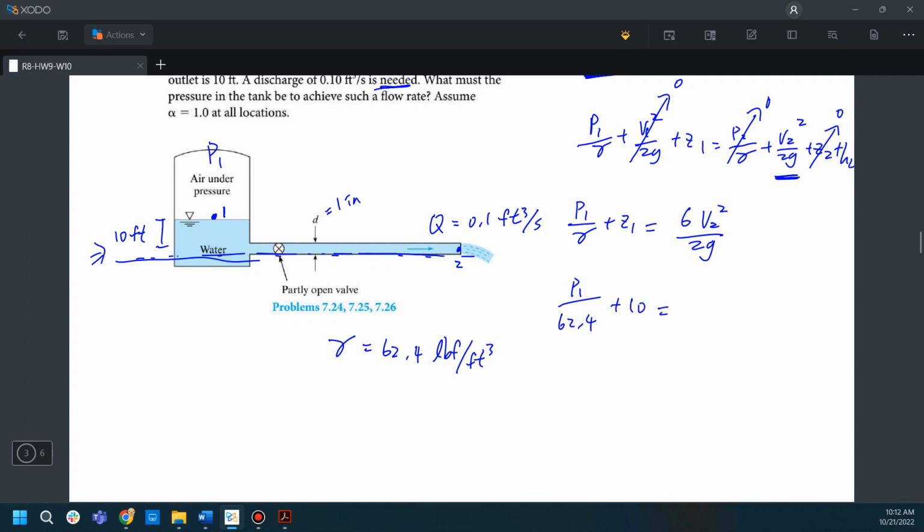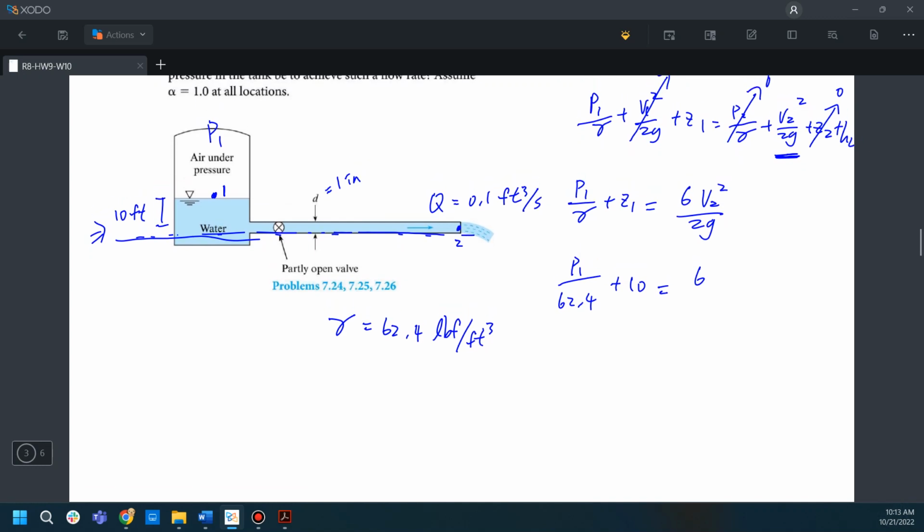and that will equal 6 times the velocity term. And how do we solve the velocity?